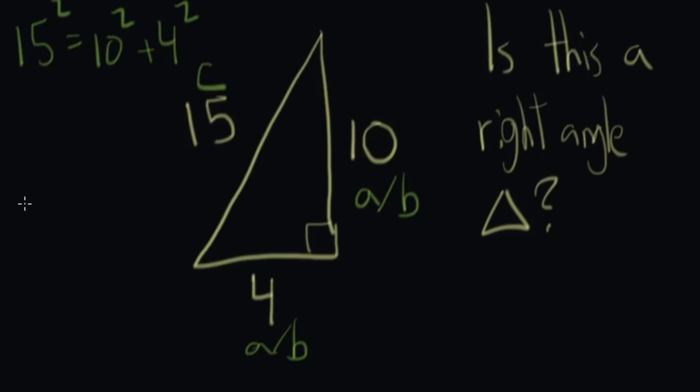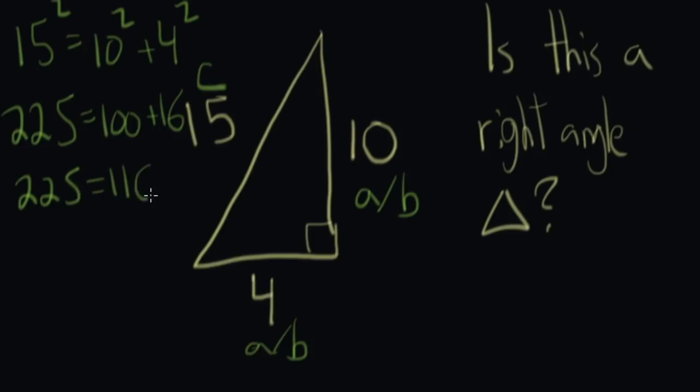If you square the 15, you get 225. Is that equal to 100 plus 16? Well, no, it's not. So it is not a right angle triangle. That's how you can prove stuff.